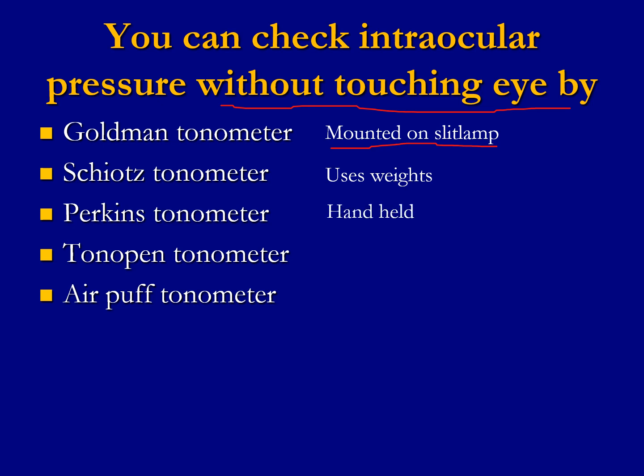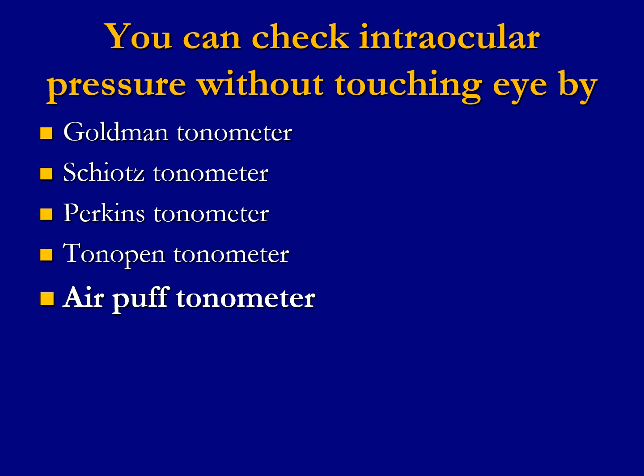Perkins tonometer is handheld but it still uses the prisms like the slit lamp mounted Goldmann tonometer. Tonopen is a very handy instrument, but you have to touch the cornea with the pin of the tonopen. An air puff tonometer uses a puff of air and it's a non-touch tonometer. So air puff tonometer should be the answer. And air puff tonometer is the answer.